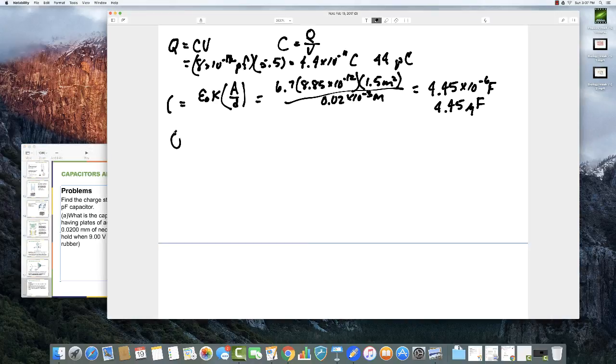Well, remember that Q was CV. So we had 9 volts applied to this 4.45 times 10 to the minus 6. And so that's going to equal 4 times 10 to the minus 5 coulombs of charge.